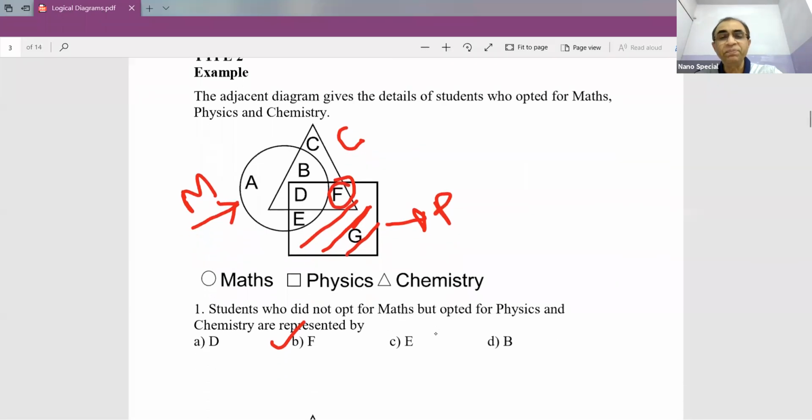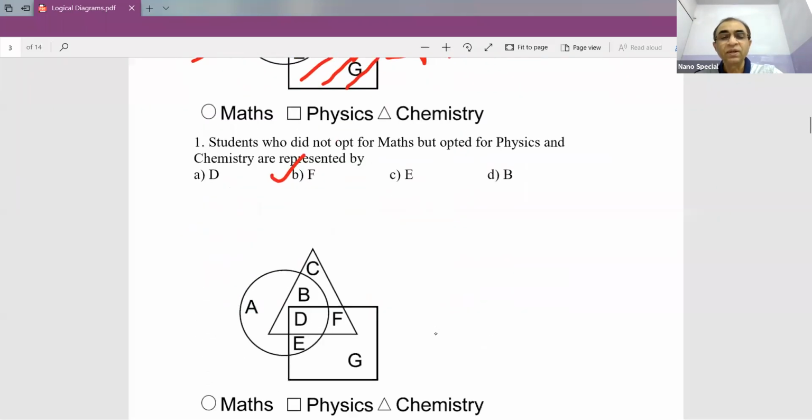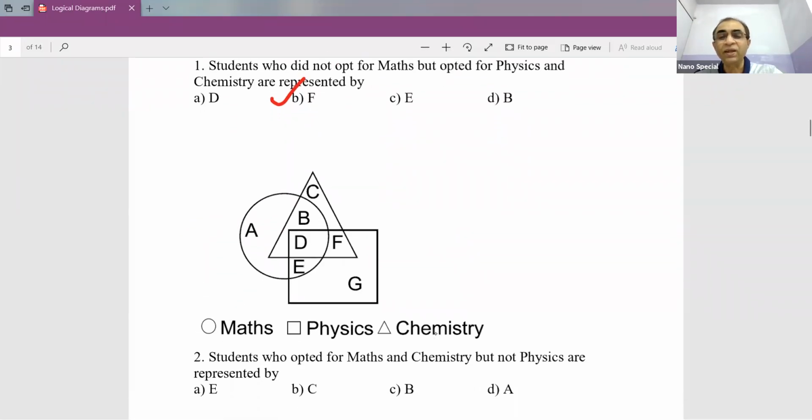Let us do a simple exercise like this using the same diagram, but a different question. Okay, let us see this. Students who opted for maths and chemistry, but not physics.